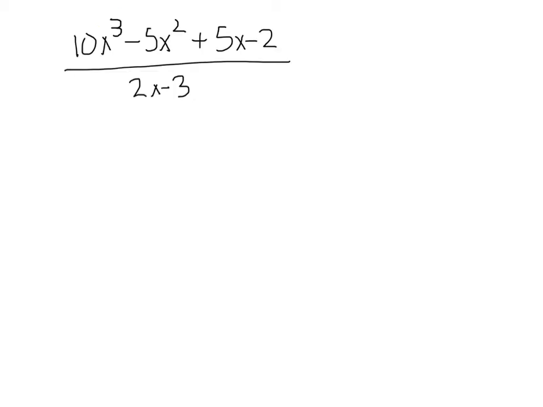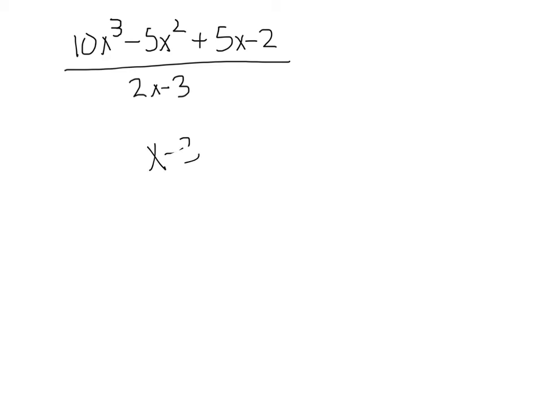Alright, let's take a look at one more example. Here we have 10x cubed minus 5x squared plus 5x minus 2, all divided by 2x minus 3. Now when you have a divisor with a coefficient in front of the x, notice here we have a 2x minus 3 as opposed to something like just x minus 3.